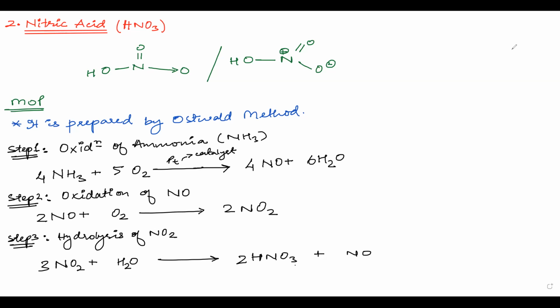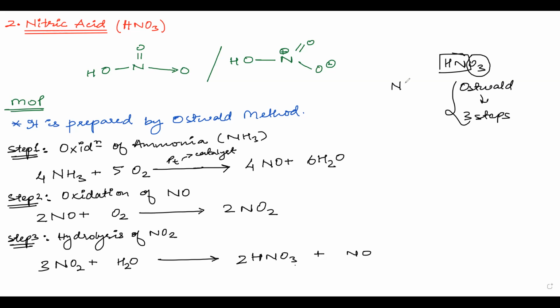Now if you want to remember two things: in HNO3, remember this O3. That means Ostwald and 3 steps. These 3 steps are not very logical. What remains is NH. What is the compound of nitrogen and hydrogen?